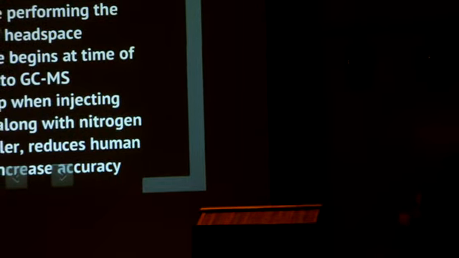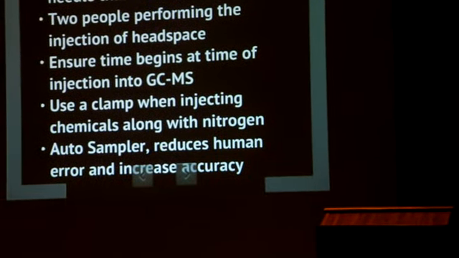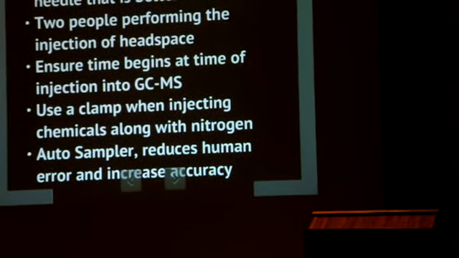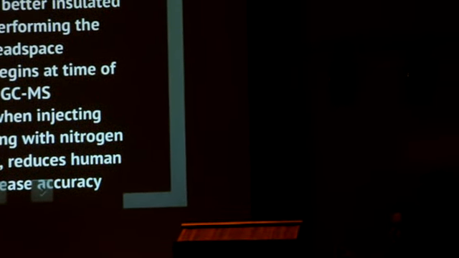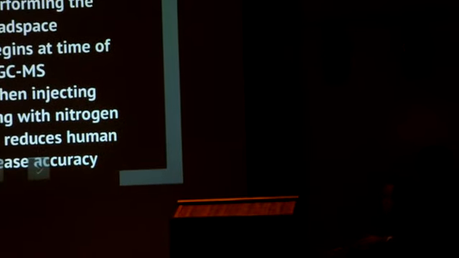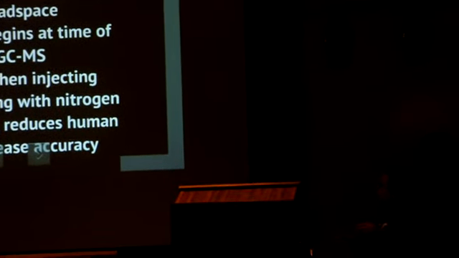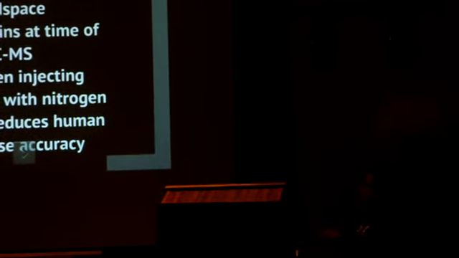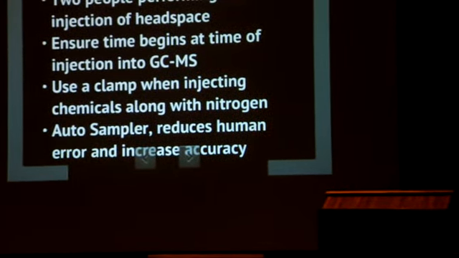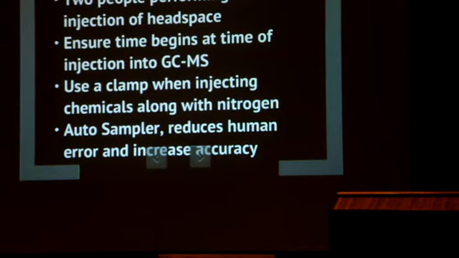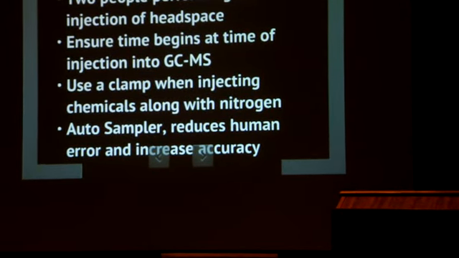Also ensure time begins at the time of injection into the GCMS. So when one person's injecting into the actual machine, the other person can click the button on the computer to get it started. We also found, like I mentioned before, using a clamp when injecting the chemicals with nitrogen just made things a lot easier and a lot more steady.